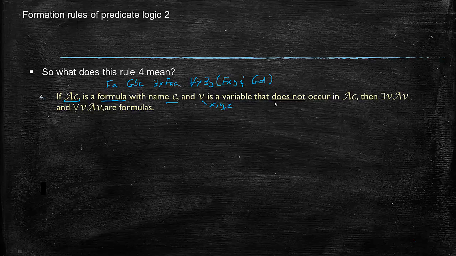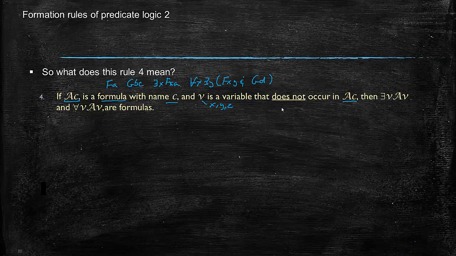That does not occur. Now, this is very important. So if V is some variable that does not already occur in this formula, then what? Well, then there exists a V, AV, and for all V, AV are formulas as well. So what does that mean?